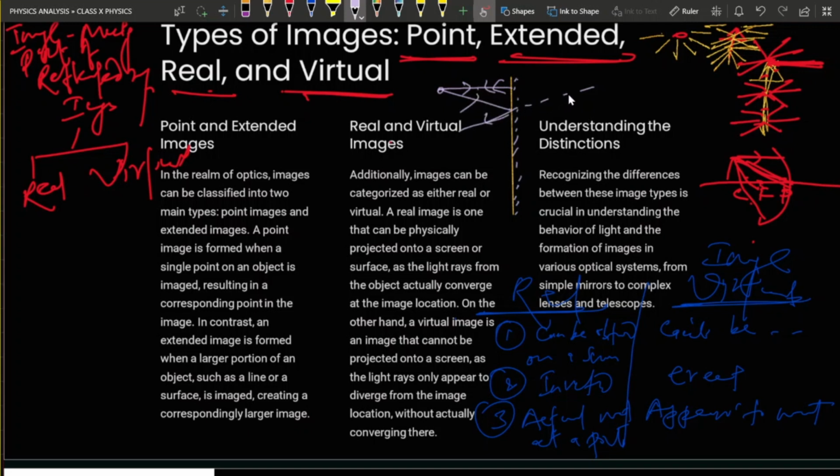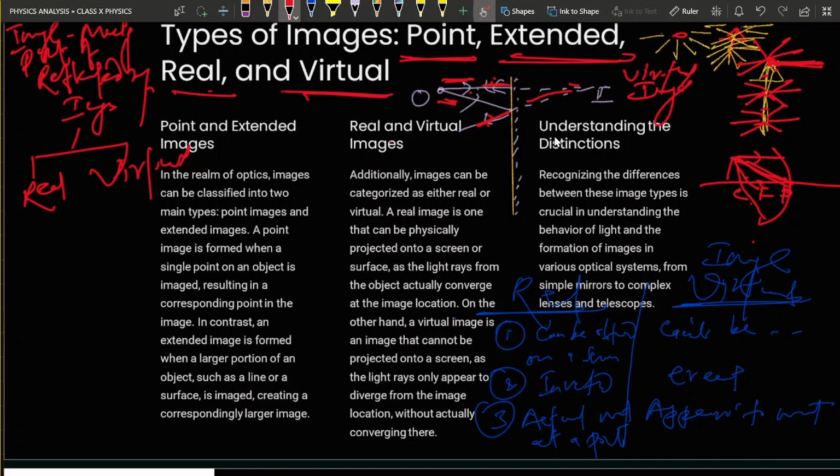When traced back behind the mirror, we see that both rays appear to meet somewhere behind the mirror. So the reflected rays are not actually meeting, they only appear to meet. That's why this is a virtual image. This is not actual.